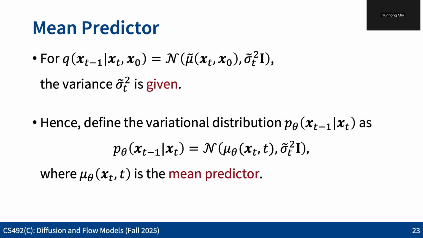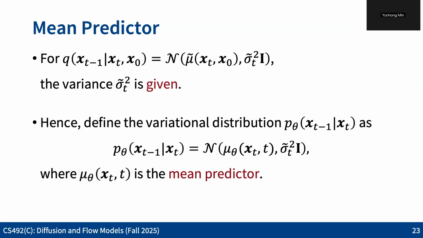The only thing that we need to learn using the neural network is the mean. Because here the mean was computed based on the x0, but we don't have the x0 information, right? So this is the only information that we need to predict using the neural network. So that's the basic idea.